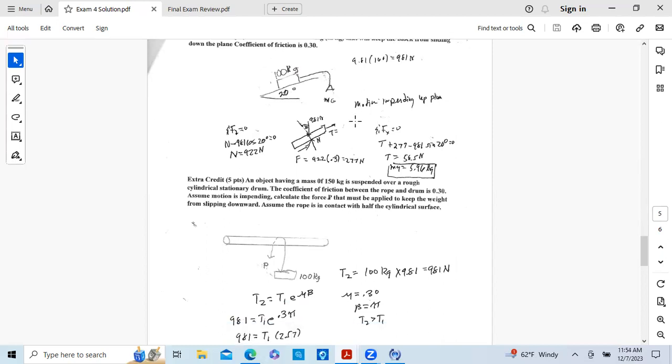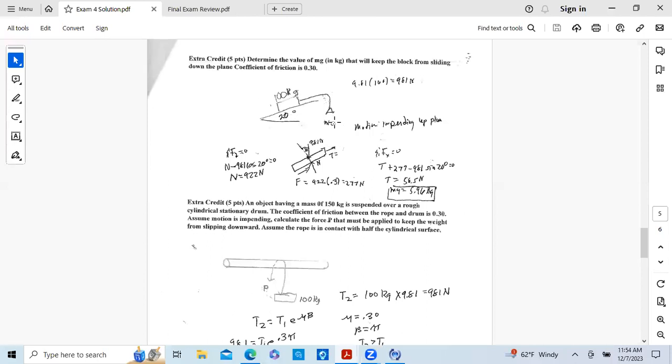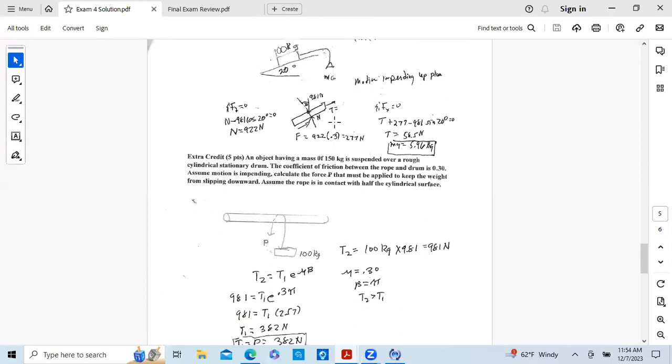So what you do is, I drew the free body diagram. Here is the weight. I went ahead and converted to newtons to begin with.